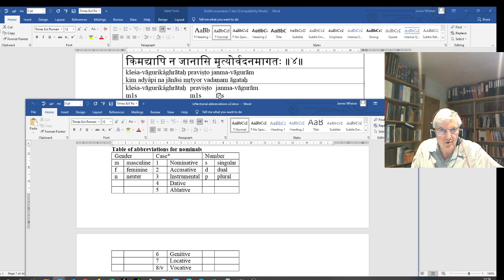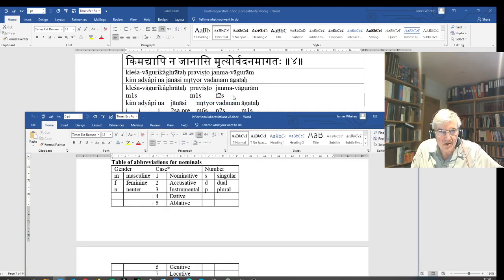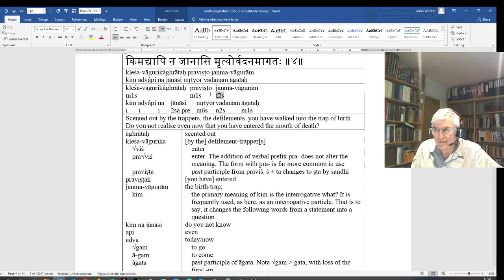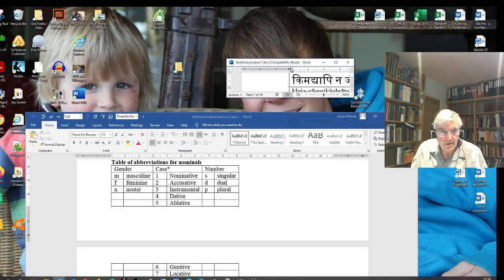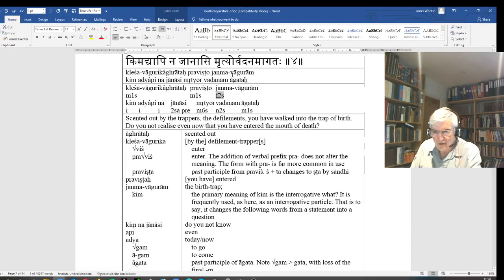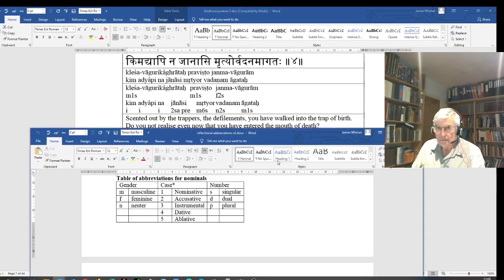So F2S, you'll see where I'm highlighting there, F2S. And by highlighting it, I've now succeeded in losing the other document. Sorry. Here we are. So F2S, where you see my cursor moving around, gives feminine, accusative, singular.